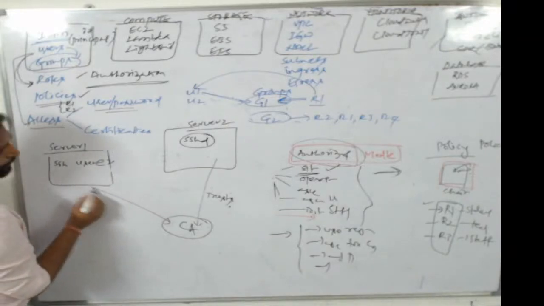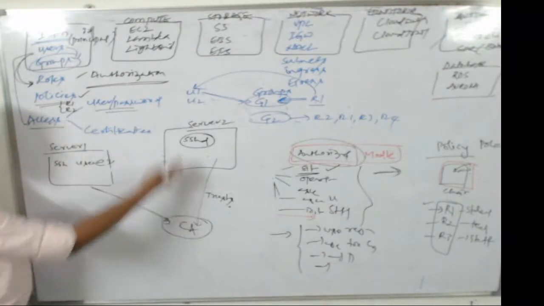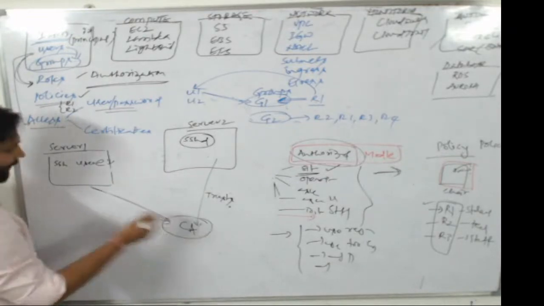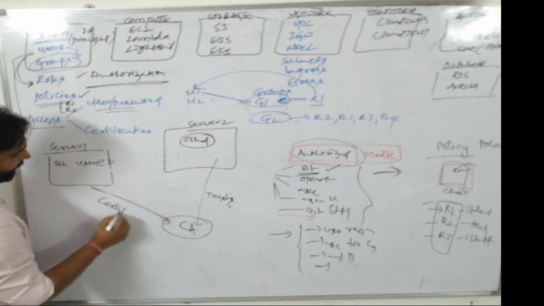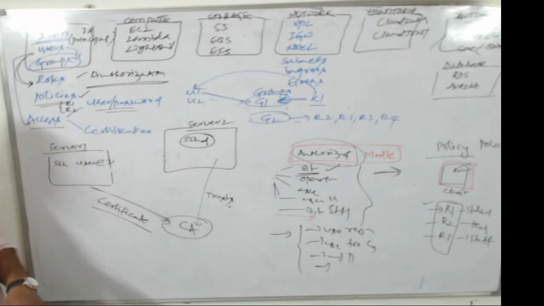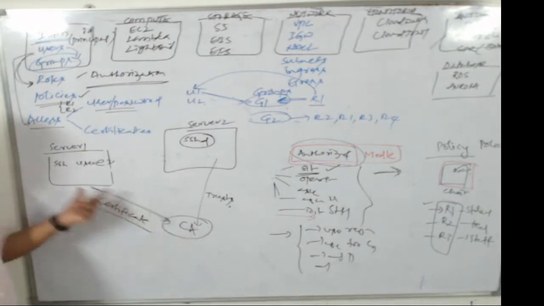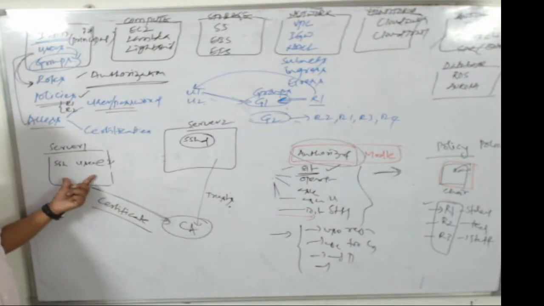So what happens here is server 1 goes to a CA, certificate authority, and asks for reference. Now that reference is usually a certificate. So CA, certificate authority, issues a certificate to server 1. What the certificate commonly will have?